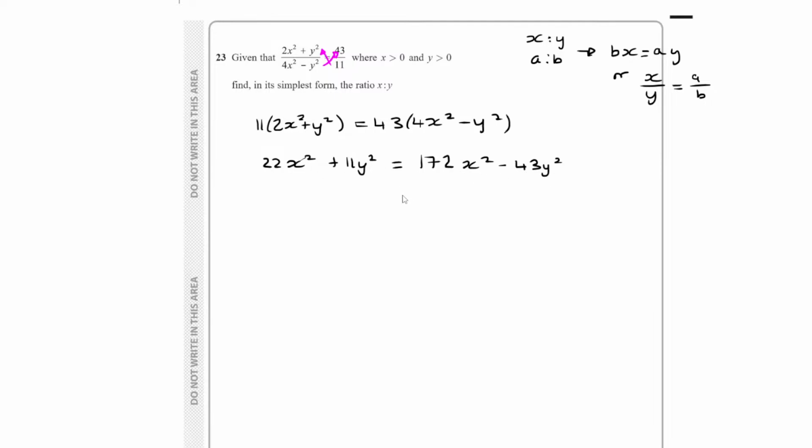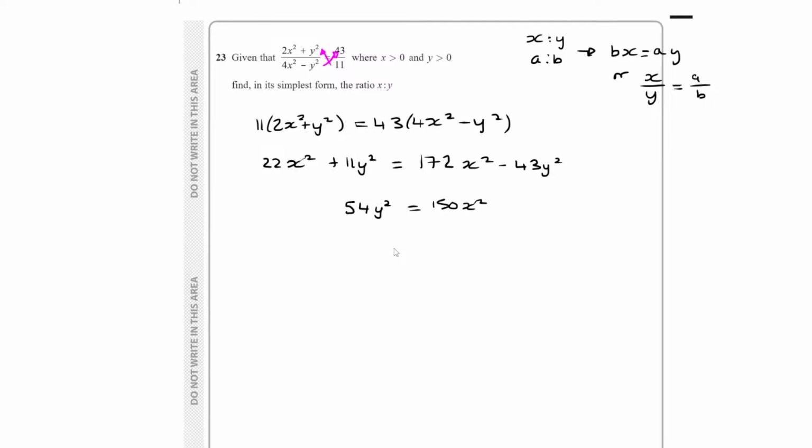I want to get the x's and the y's together, ideally positively, so I moved the y to the left and the x to the right, just to keep them positive. That gave me 54y squared and 150x squared. So I just basically took away 22x squared and added 43y squared.